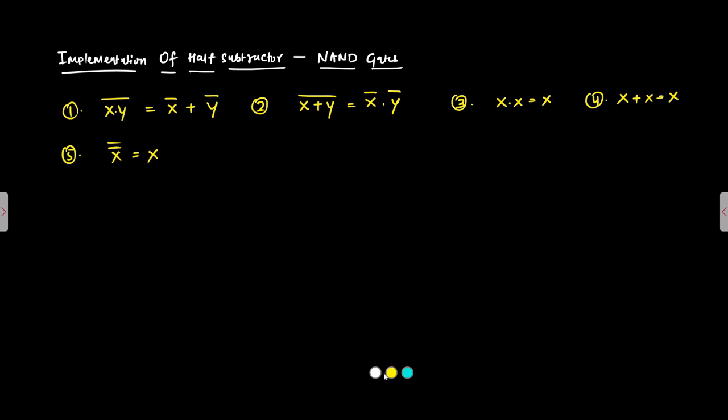So first, the block diagram of half subtractor, 2 inputs, the 2 bits to be subtracted, A, B. So AB means this minuend and subtrahend, okay, it is called.